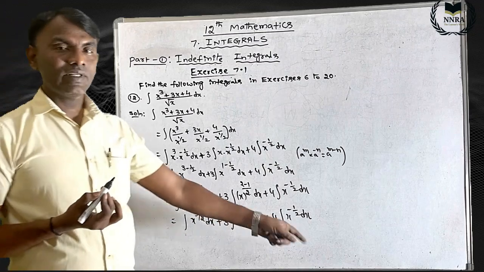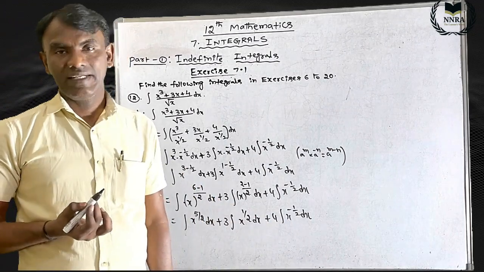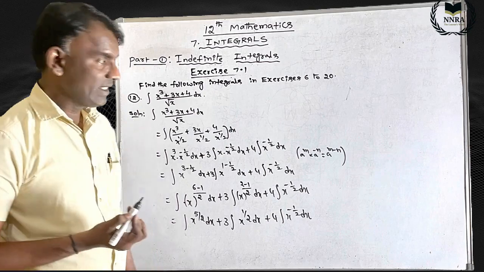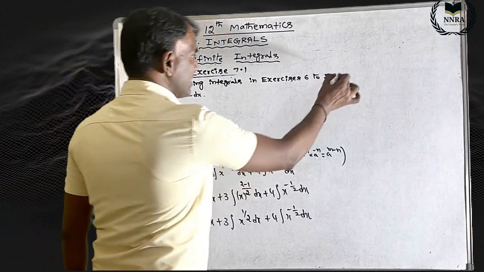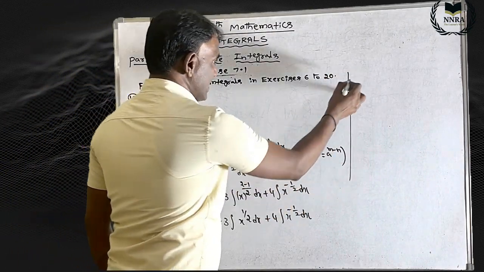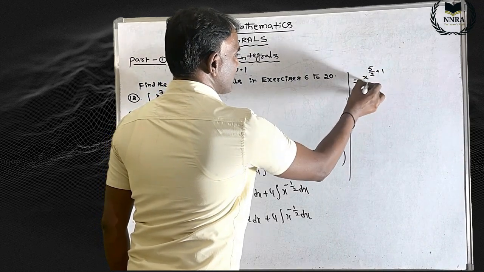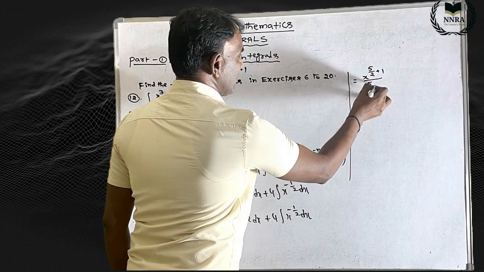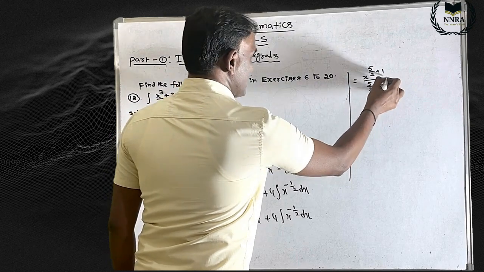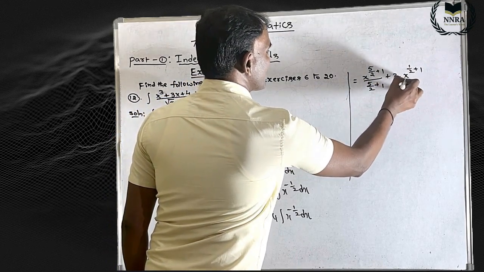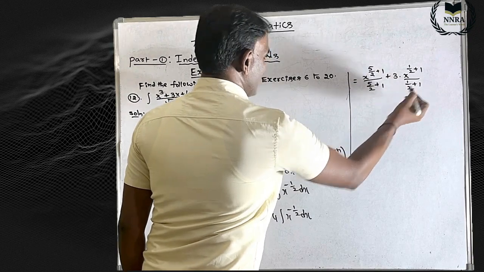So all are in only one standard form, integral x power n dx, right? What is integral x power n dx? X power n plus 1 by n plus 1. So by using that formula, how to write this first value? So x power n plus 1, 5 by 2 plus 1 by 5 by 2 plus 1. Then plus 3 into x power 1 by 2 plus 1 divided by 1 by 2 plus 1.